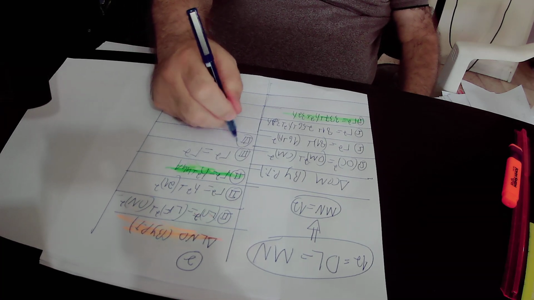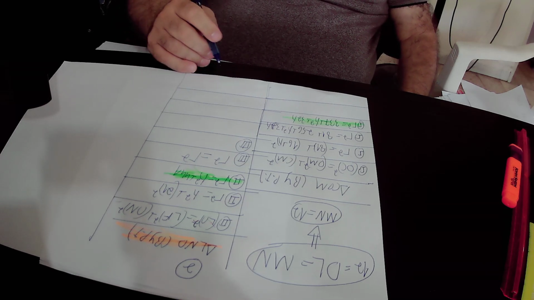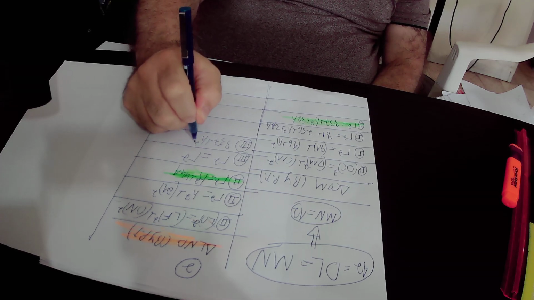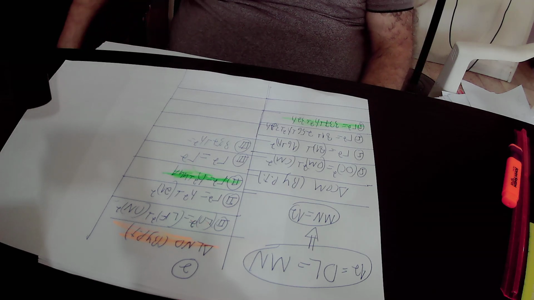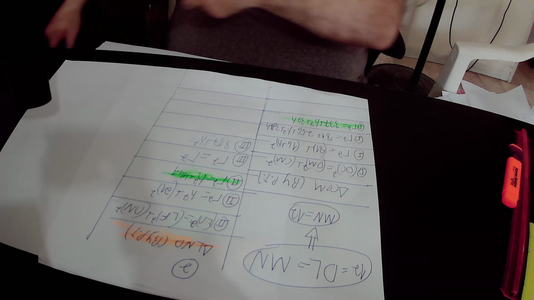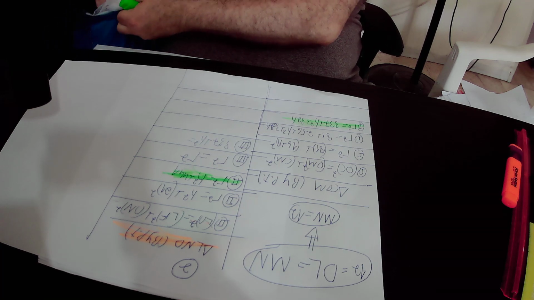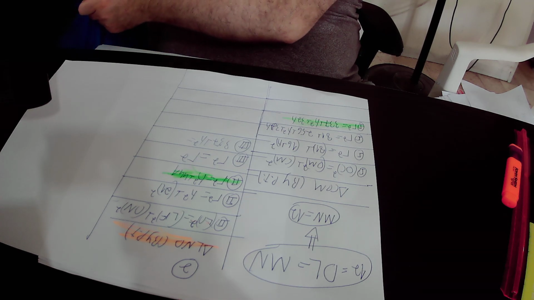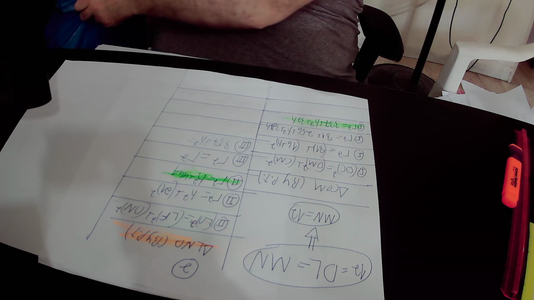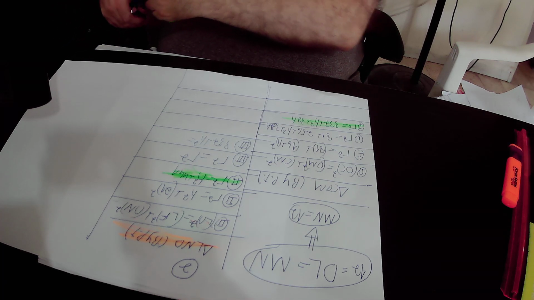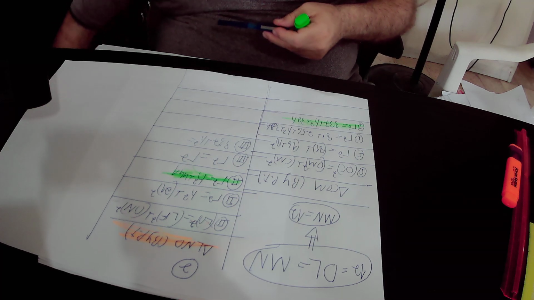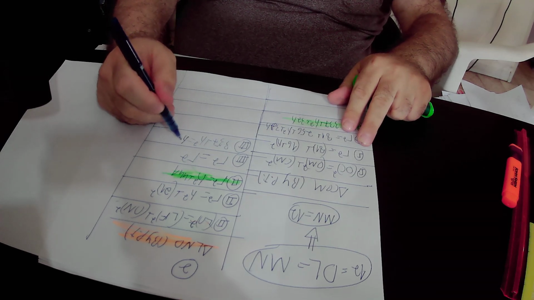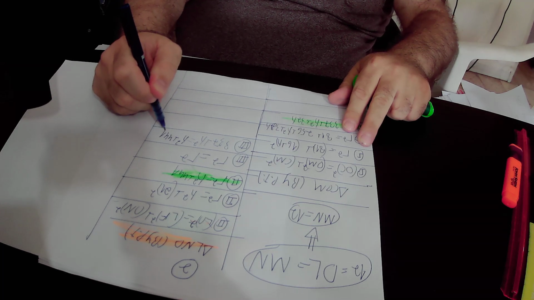And R squared, according to equation number 1, is equal to 337 plus H squared, and it must be equal to R squared according to equation number 2, that is actually equal to H squared plus 441.